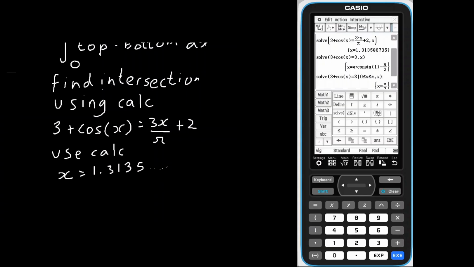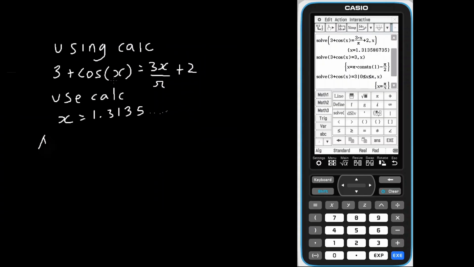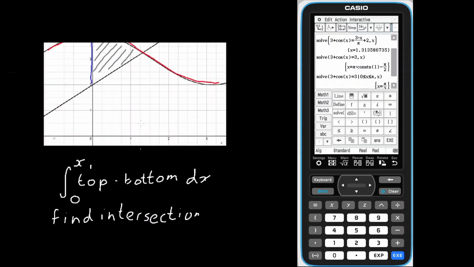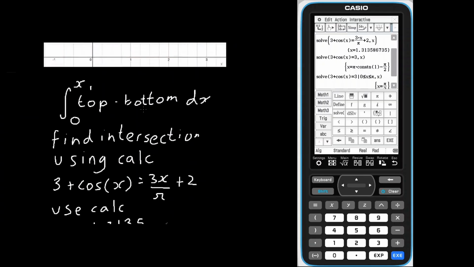All right, so now we can say the area is equal to this value, from 0 to 1.314. Now use the top function. If we have a look here, which one is on top? It's the cosine one, so that goes on top.